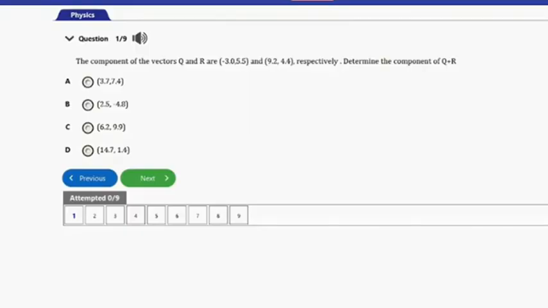It says, the components of the vectors Q and R are negative 3.0, 5.5 and 9.2, 4.4 respectively.